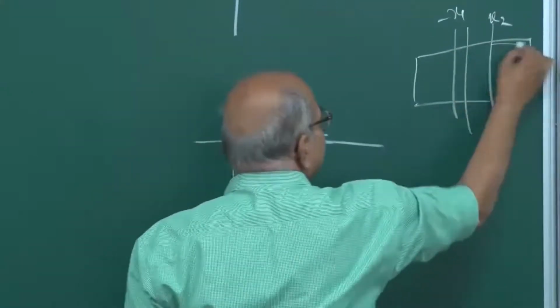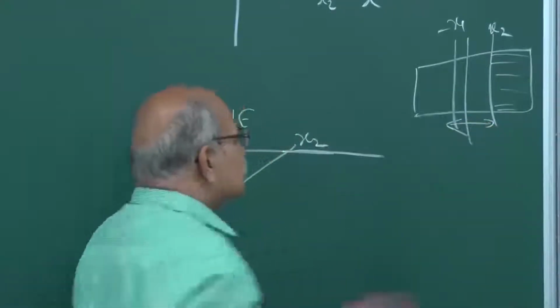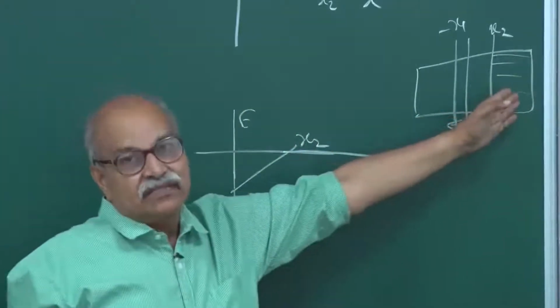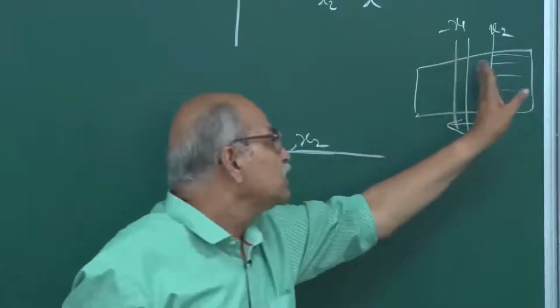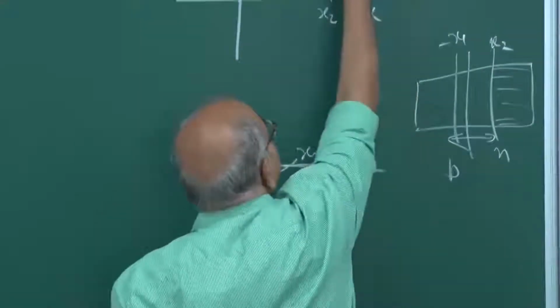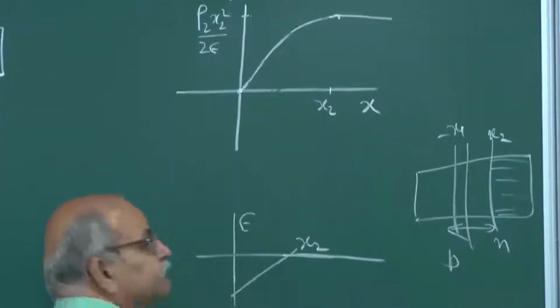So beyond x2, in this region, this is the depletion region. So in this region, there is no electric field, and so the potential is constant. So throughout this n-type region, the potential remains constant like this.